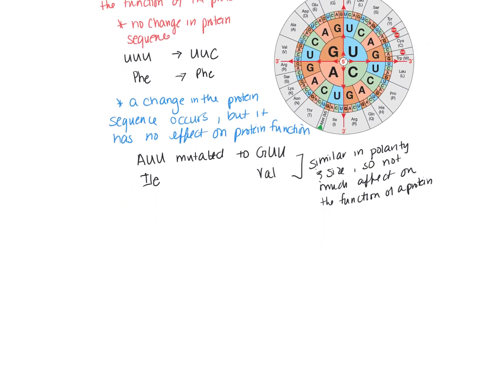Now, you can have mutations that are not silent. And these would be a change in the protein sequence that affects the protein function. So, for example, if AUU were mutated to AAU, basically what would happen is that isoleucine would now change to asparagine.